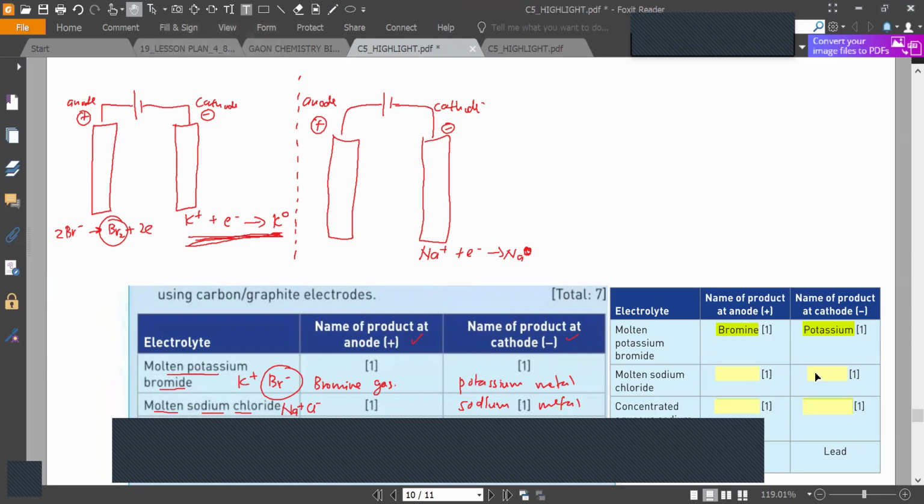Checking our answer: sodium. Next, same thing. Chloride will be attracted to the positive electrode.